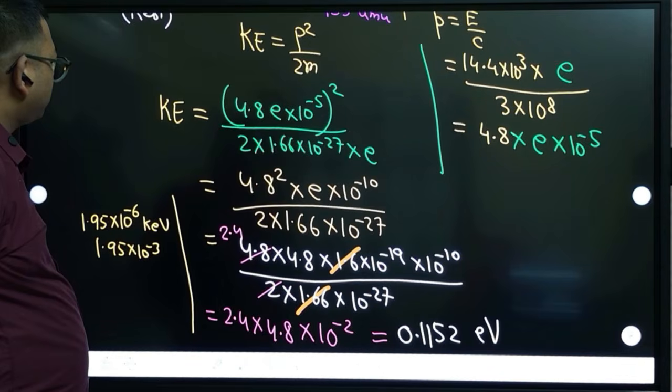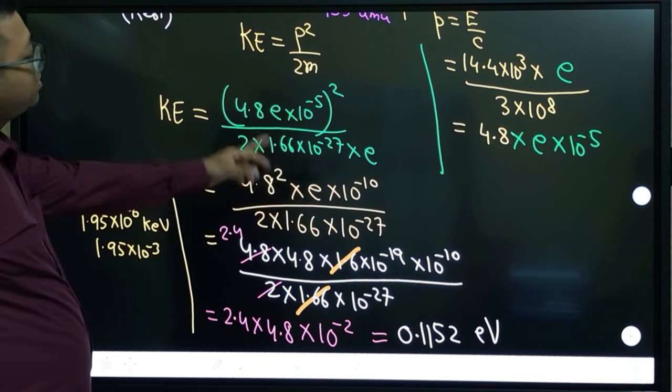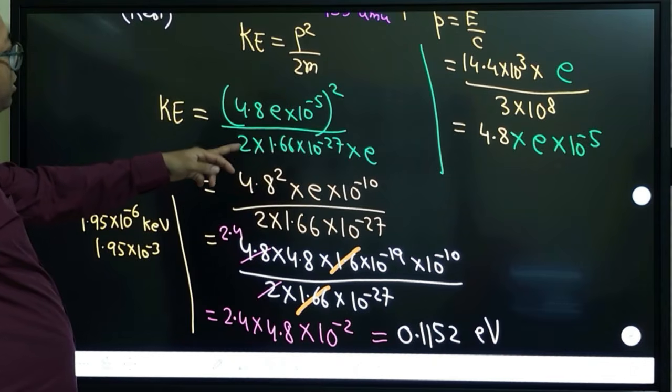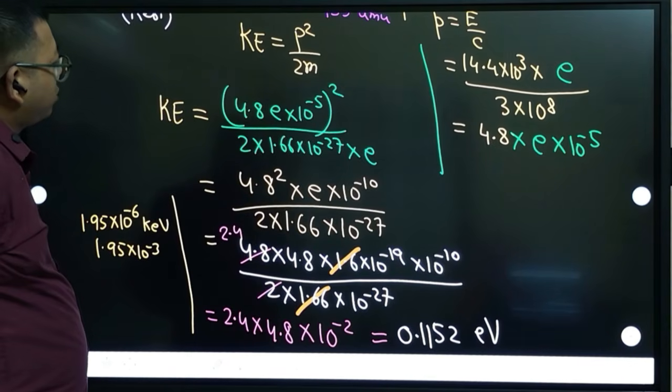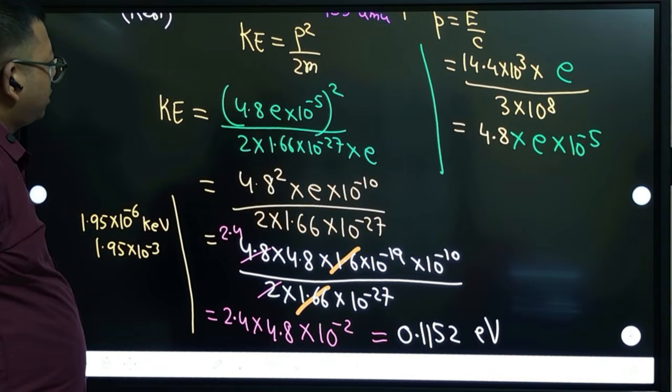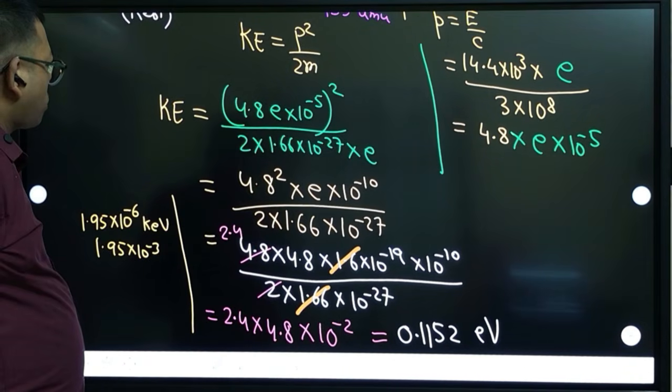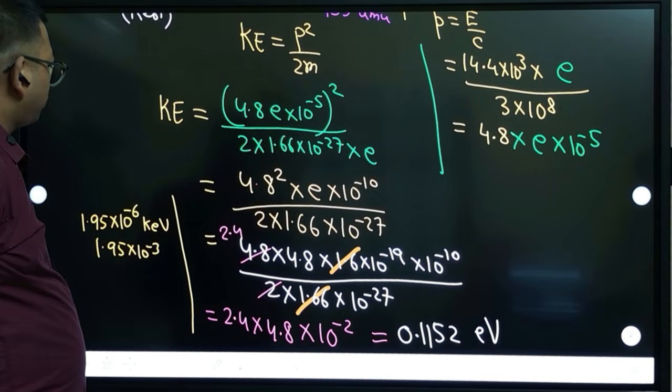Approximately I have cancelled, so not a big problem. No, no, that's why we have divided by electron volt. E we divided, so after dividing it becomes electron volt. So minus 19 minus 10, minus 29, so minus 2 will come, and 2.4 into 4.8 into 10 power minus 2.